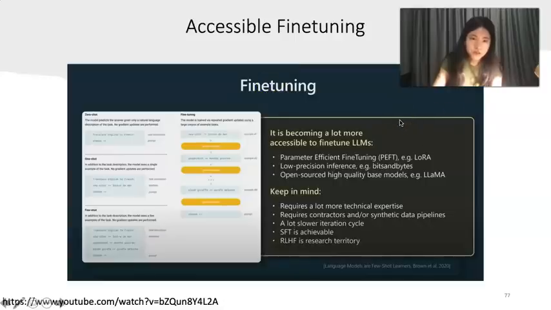We can do it through PEFT, parameter efficient fine-tuning, like you might have heard about LoRa, and other low precision inference like bitsandbytes. And later we will talk about the Llama model, which is open source, and you can do some fine-tuning on that.